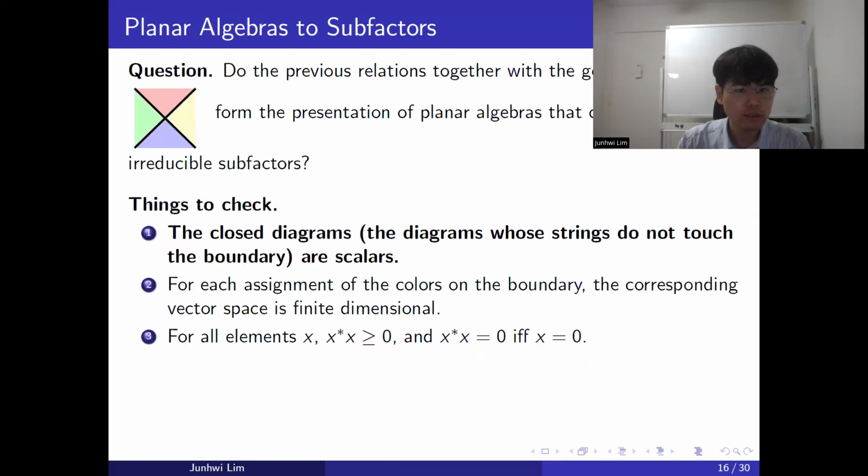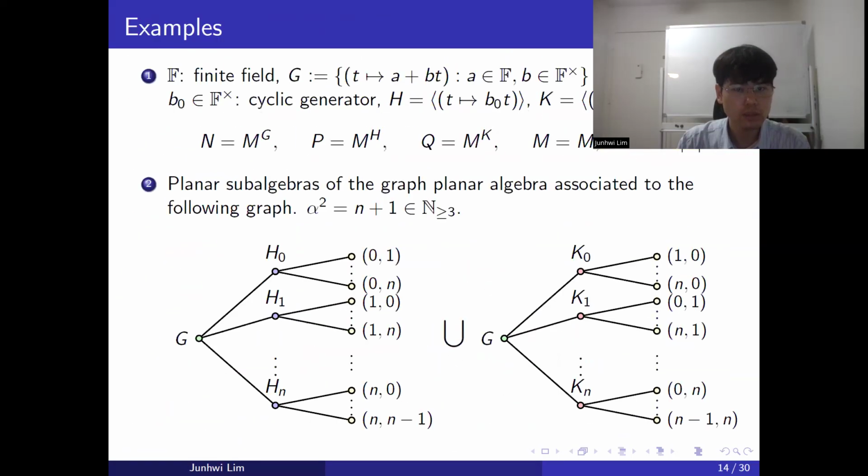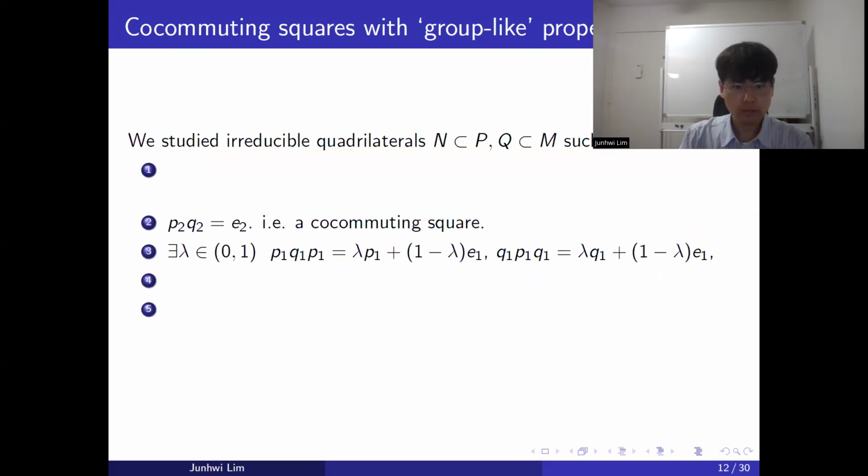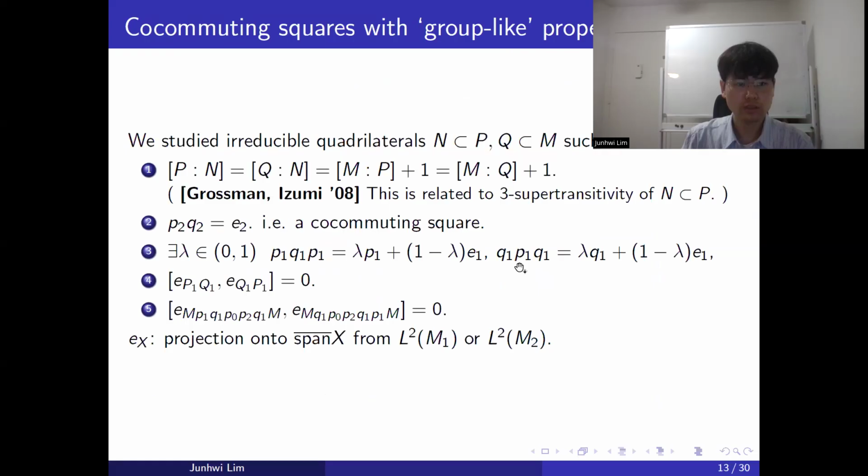Yeah, let me go back to the example. The conditions I considered were these 5 conditions. And the easiest example of a quadrilateral inclusion was the symmetric commuting square, which is both commuting and cocommuting. We wanted to go one more step further, so we considered a case of a cocommuting square that is not a commuting square.